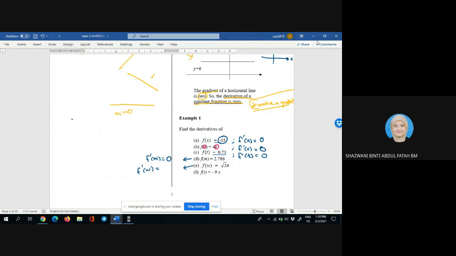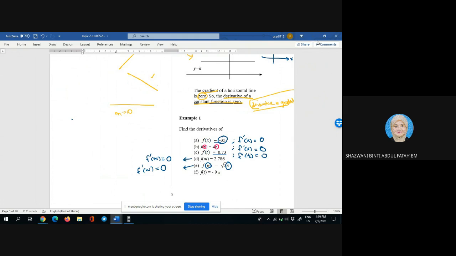Kalau nak cari derivative dia, f prime w equals to 0, sebab variable dalam ni adalah w. Belakang ni pi. Pi tu ada nilai.